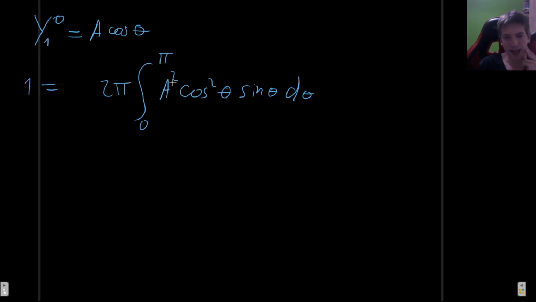And this one right here might be a bit tricky if you don't see the trick. So what is the derivative of cosine? The derivative of cosine is going to be minus sine. So we can see here we have something that depends on cosine and something that depends on its derivative.